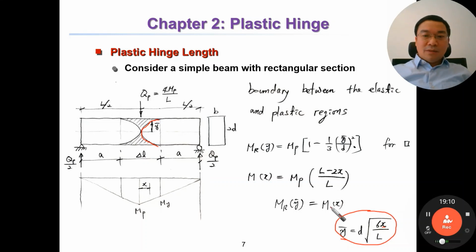So by using this equation, you can determine very exactly this curve. So now we can determine the length of the hinge and also the boundary between the elastic and plastic region.